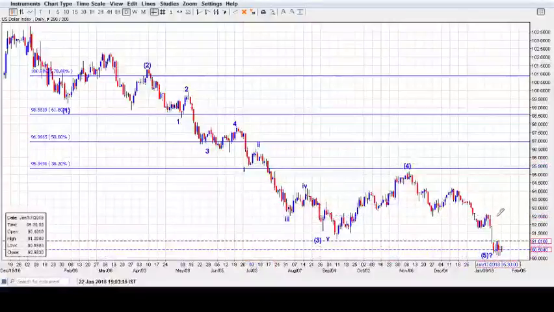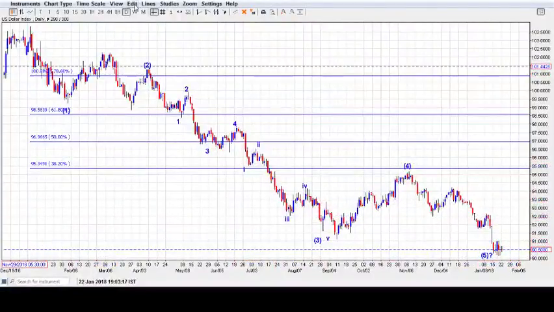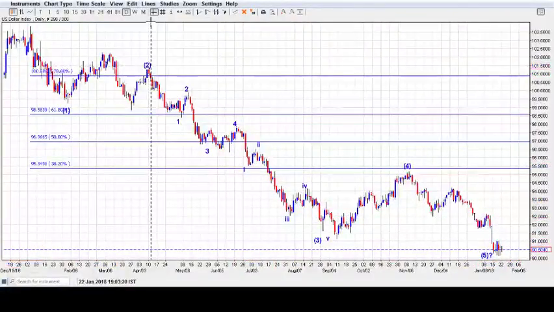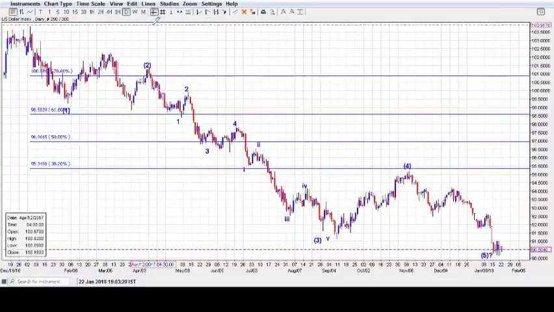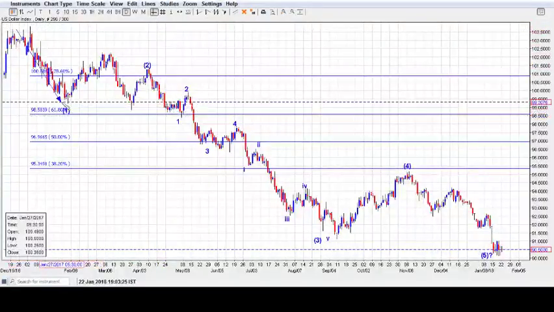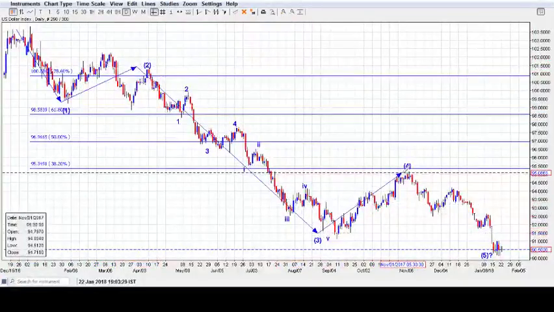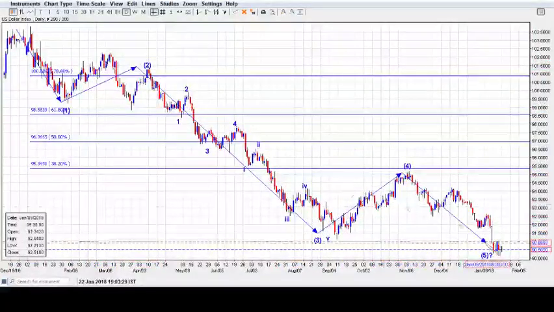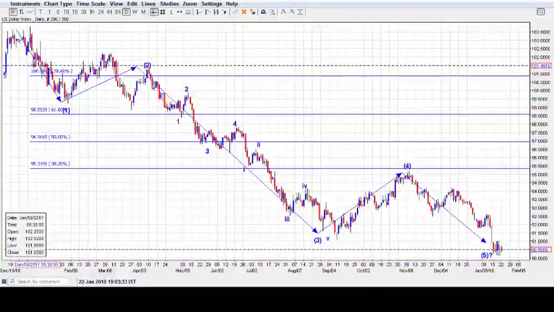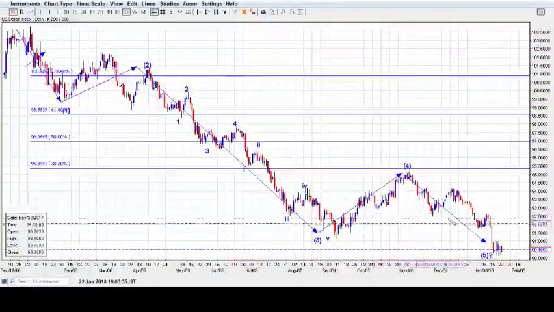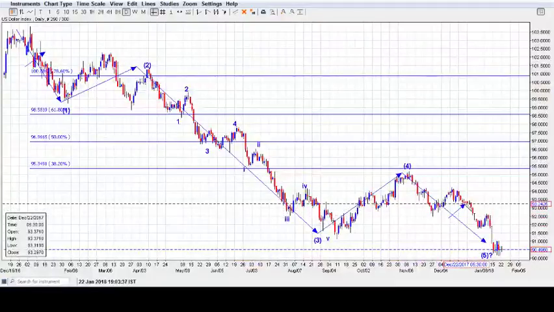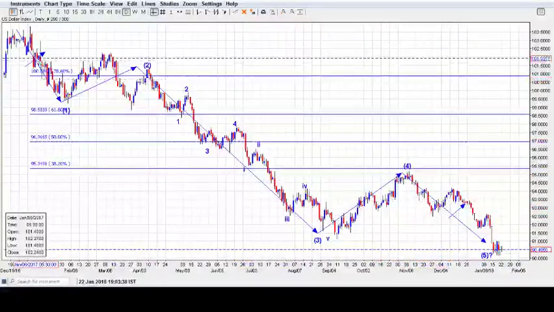Alright, if this structure has to be believed, that 5 down is complete, or we are very close to a completion or termination of 5 down, it looks like even the principle of equality is done here. Wave 1 has exceeded wave 5, wave 5 has exceeded wave 1.